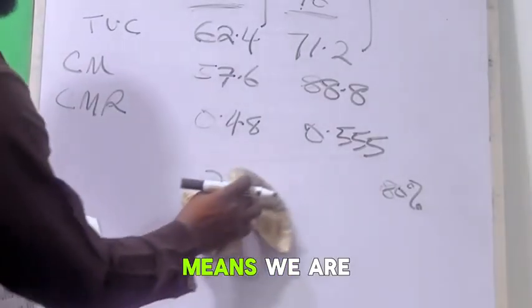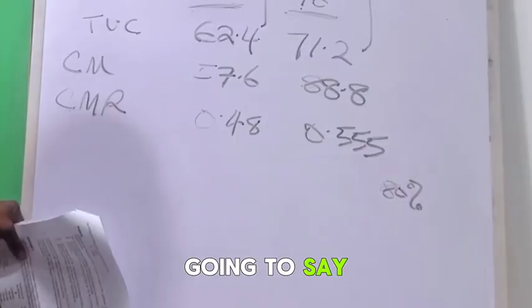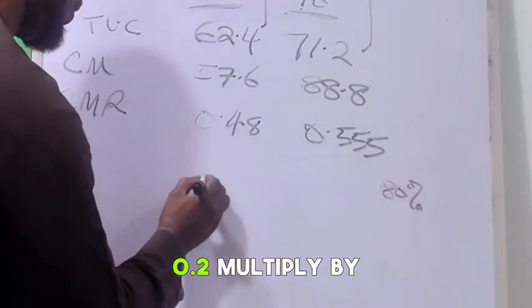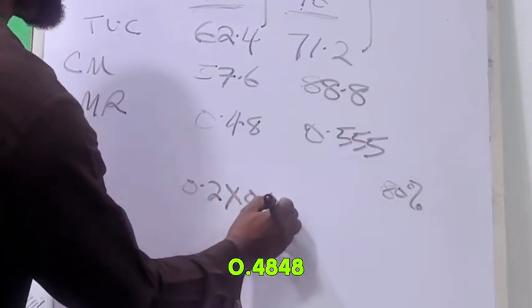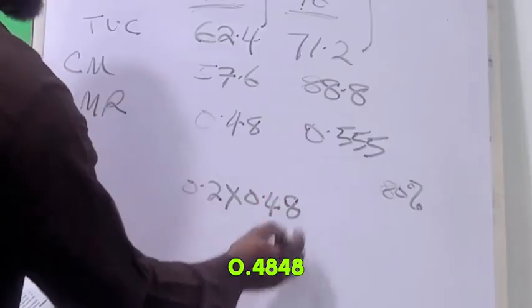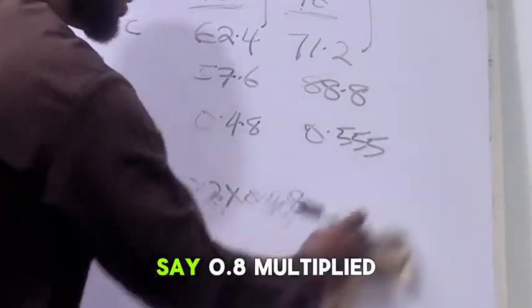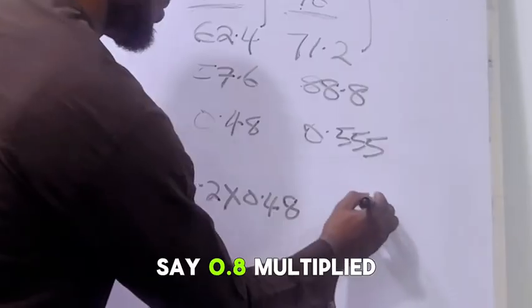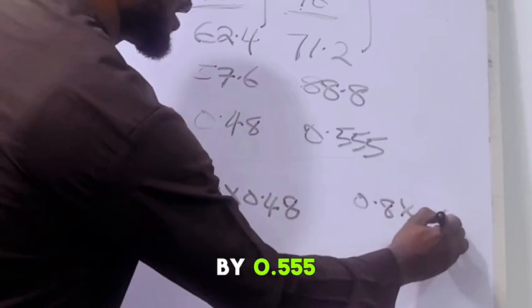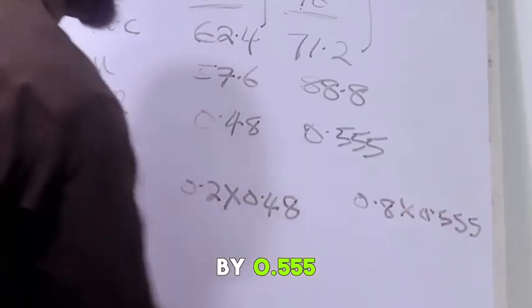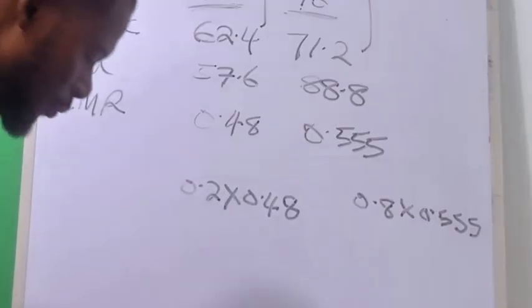So it means we are going to say 0.2 multiplied by 0.48. And here we are going to say 0.8 multiplied by 0.555. This is how to get it.